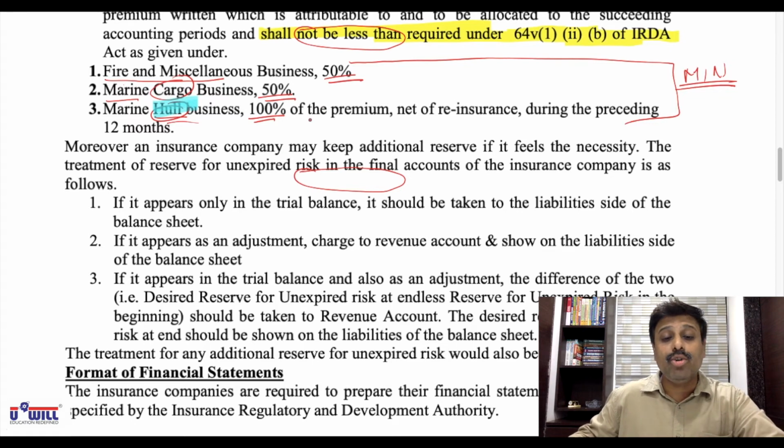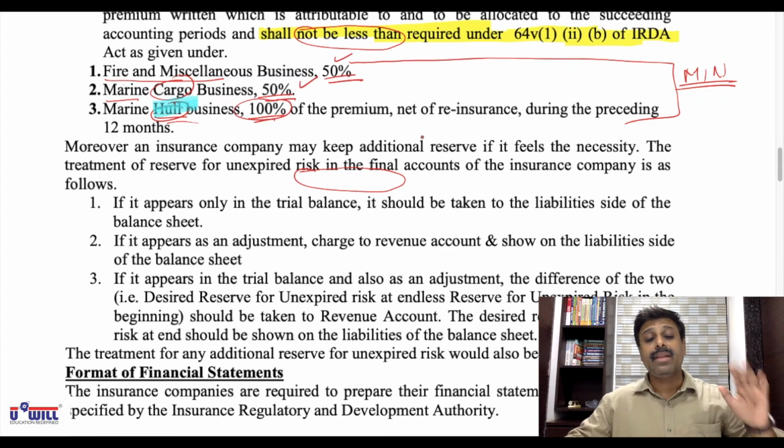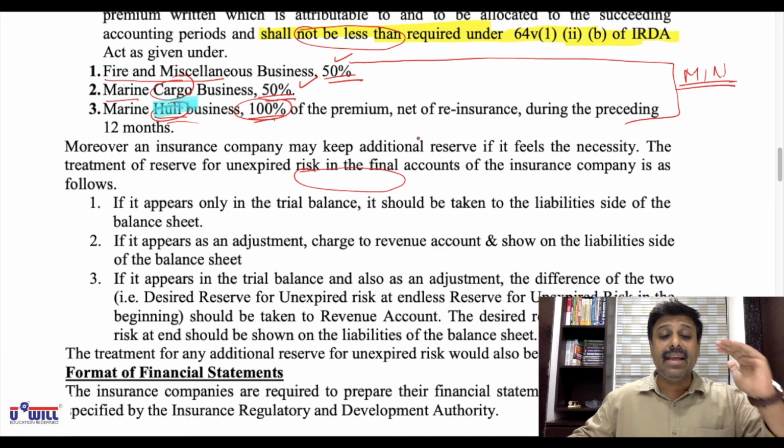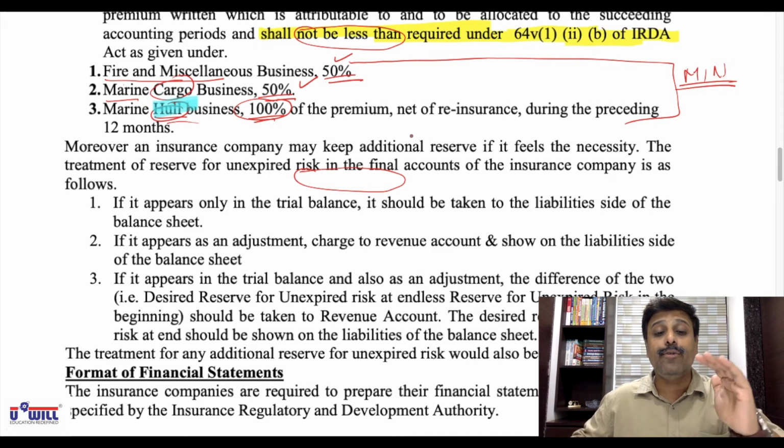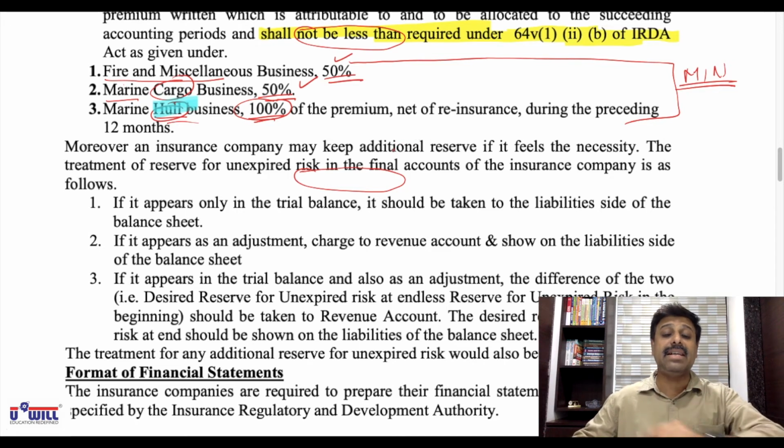So remember that except marine hull business, everywhere else you have to create 50% reserve. In short, marine business given in the question 100%, other businesses 50%.